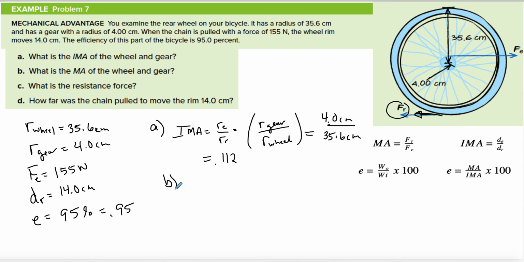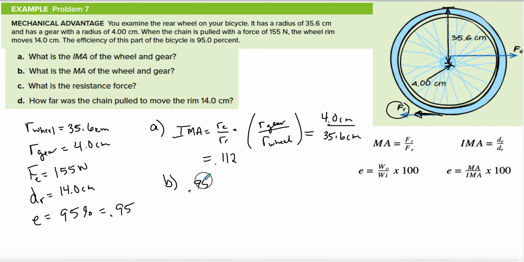For part B, we need to calculate the mechanical advantage of the wheel. If we look at this equation, we know an effort force, but we don't know a resistance force. We don't know the force on the ground. So we're going to be using this one since we do know an efficiency. Remember, if we put this in as 0.95, we don't really need that portion.